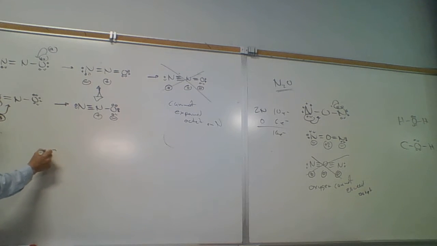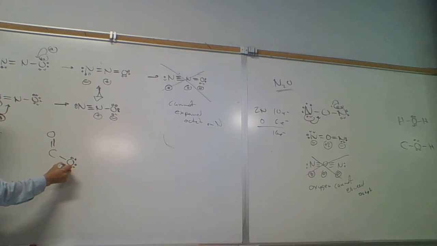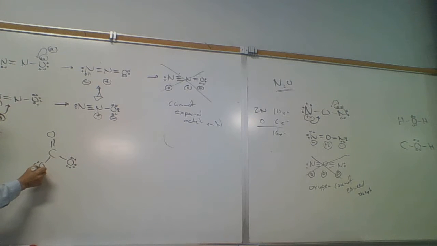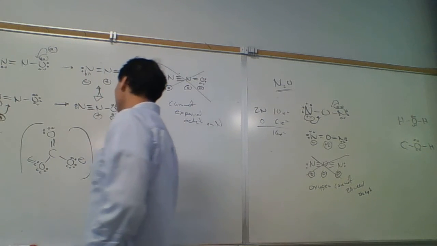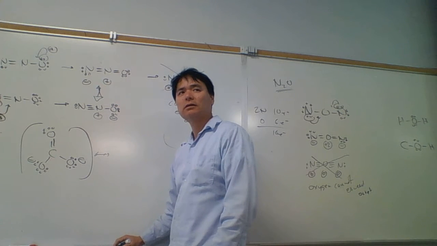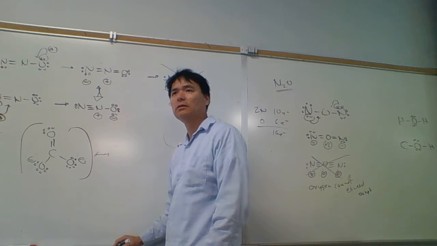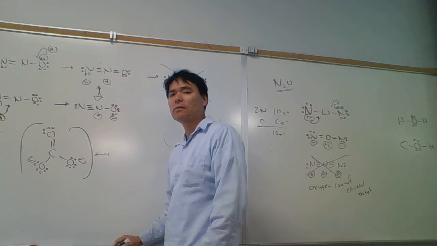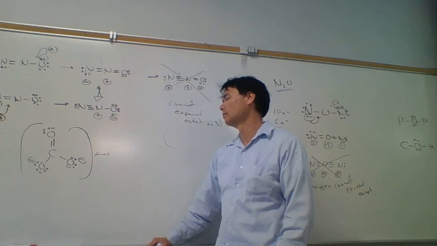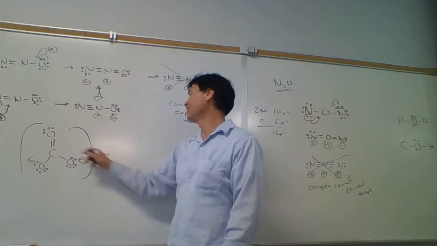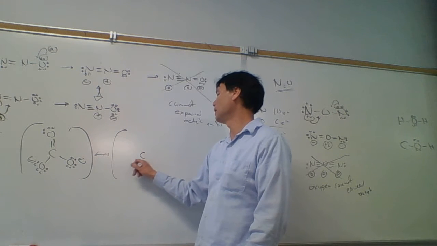Equivalent resonance forms would be something like carbonate. This is one. There are 3 resonance forms for carbonate. Did we do carbonate yesterday? No? When you do carbonate, you come up with 3 resonance forms, depending on where you make the double bond.